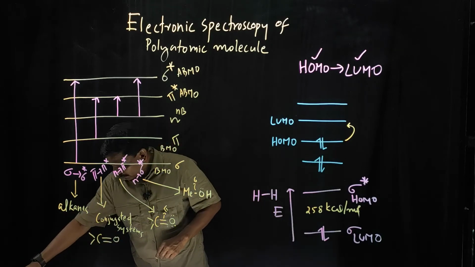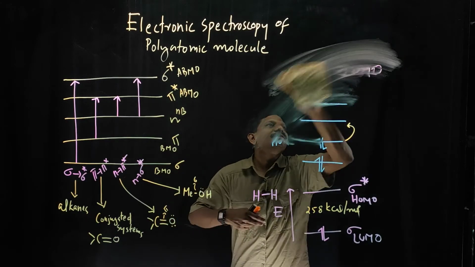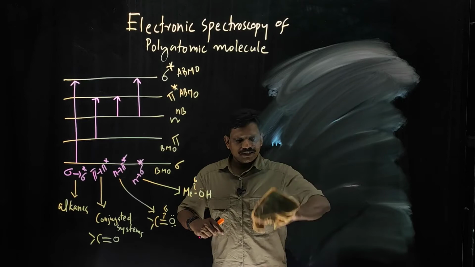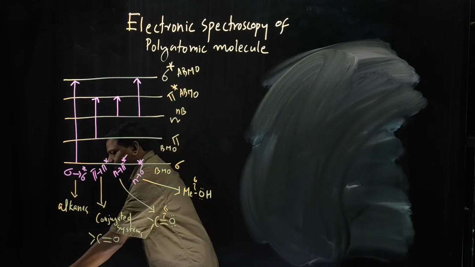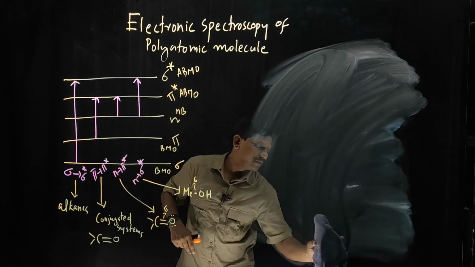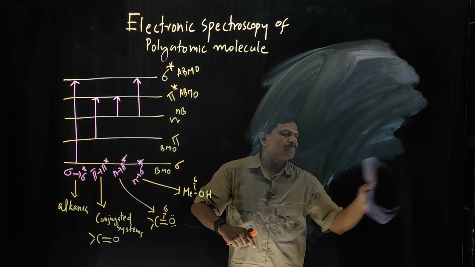So when you are talking about the energy of all these things, that is also very important. You can see that sigma to sigma star needs a very high energy for the electronic transition, in the case of saturated compounds.